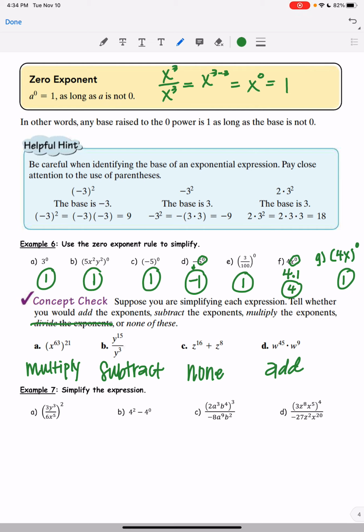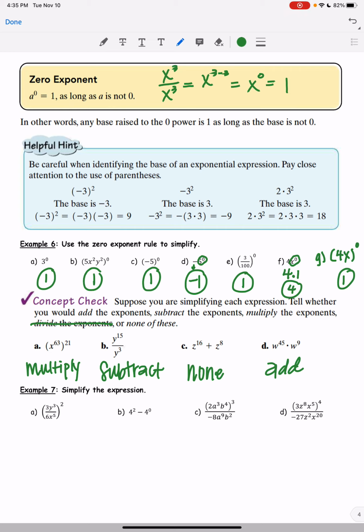So on example 7, we need to simplify these expressions. Some of these require us to use more than one rule in a problem to simplify. On A, this is your power of a quotient rule. You got to distribute that 2 to everything, including what? Including coefficients.